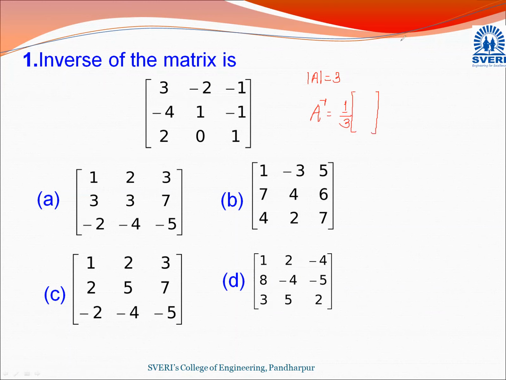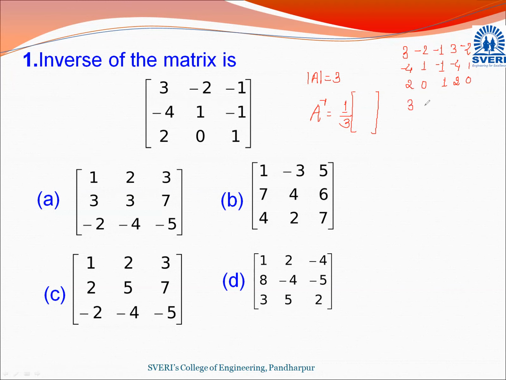In the same way, we take 3 minus 2 minus 1, minus 4 1 minus 1, 2 0 1, extending the two columns: 3 minus 4 2, minus 2 1 0.